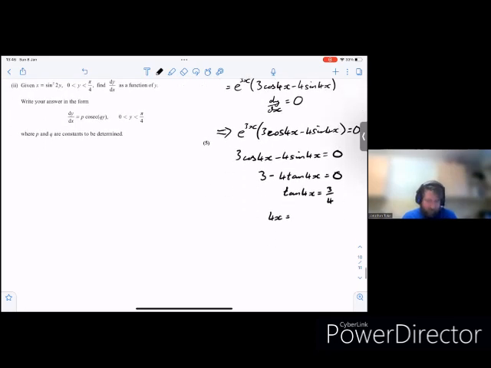My calculator's in degrees mode. We need to be in radians. Divide that by 4.